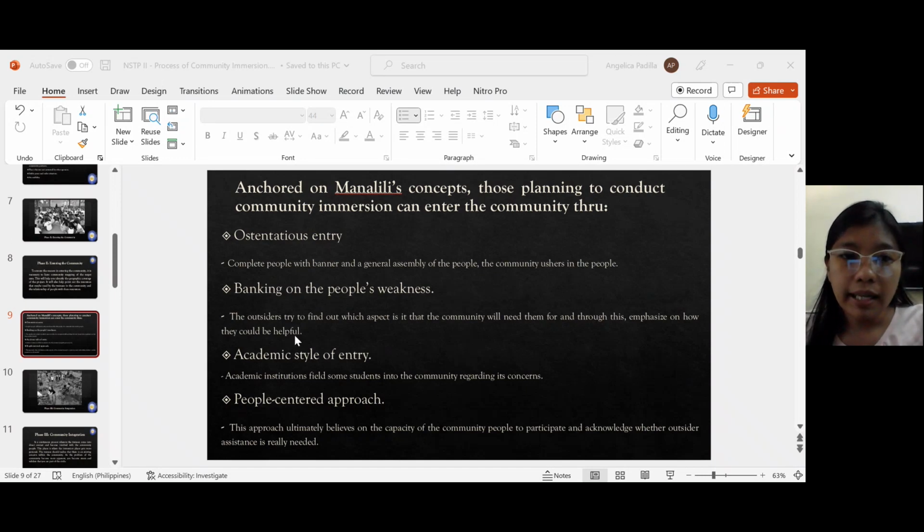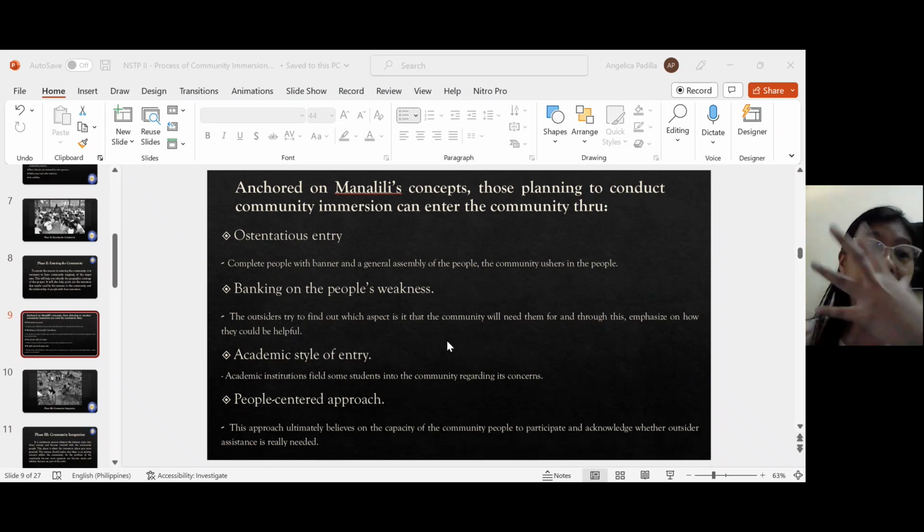Banking on the people's weakness, the outsiders try to find out which aspect is that the community will need them for, and through this emphasize on how they could be helpful. Ayan, dito tayo sa pangalawa, banking on the people's weakness. Ano yung kahinaan ng mga tao sa lugar na yun? Ano yung pangangailangan nila? So for example, sa edukasyon sila nagkulang. So yung mga hindi marunong magbasa at magsulat, sila lang yung mga tuturuan natin.